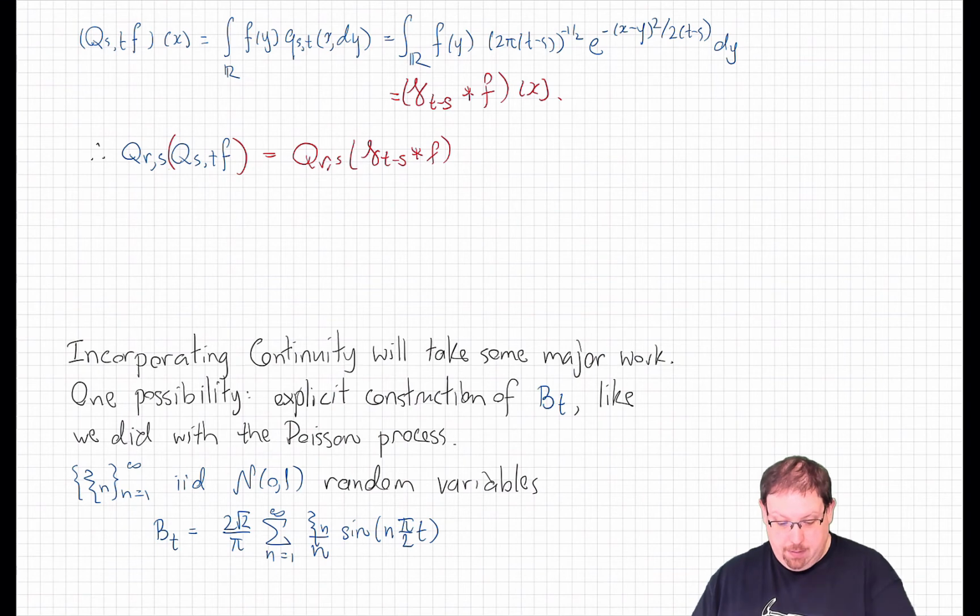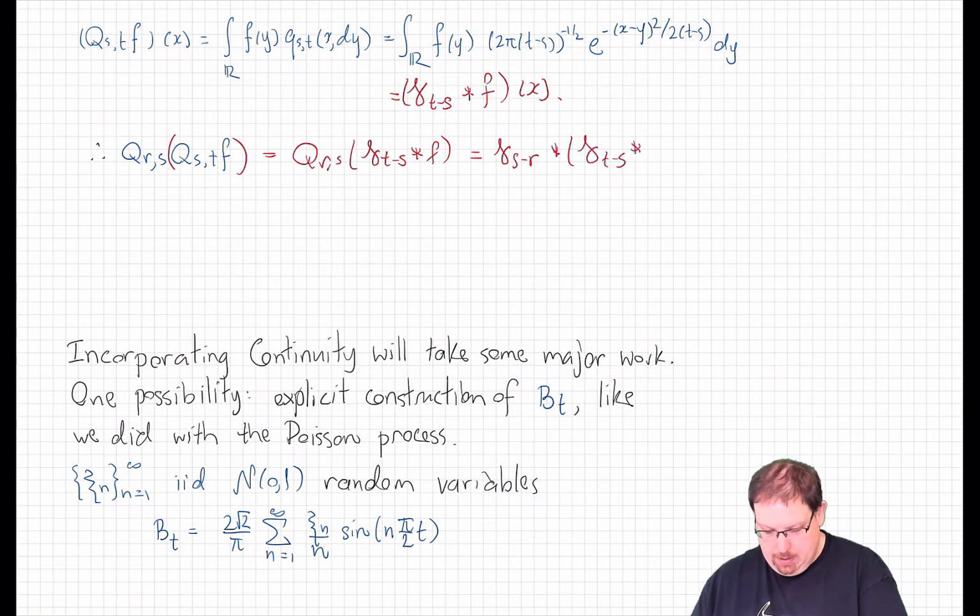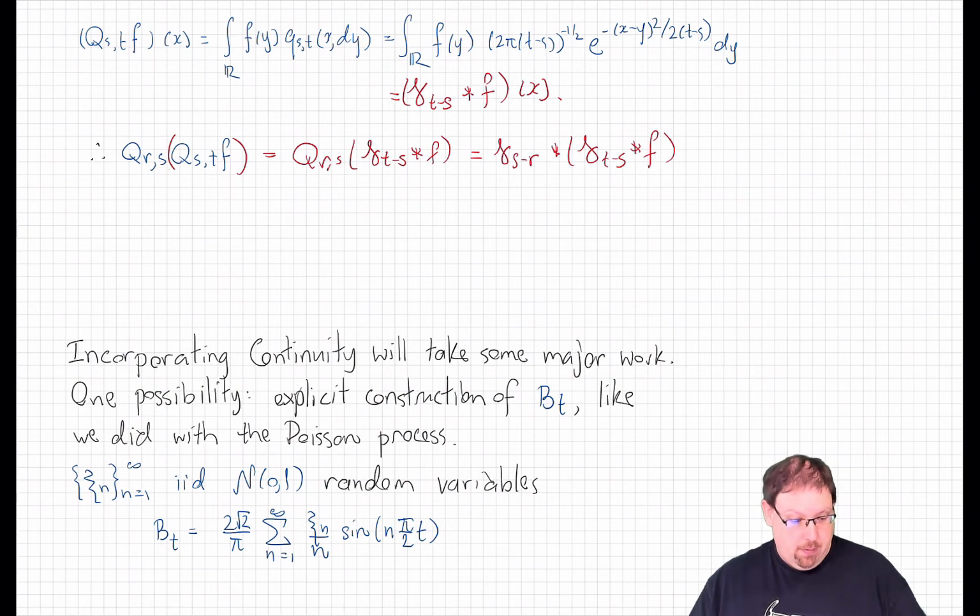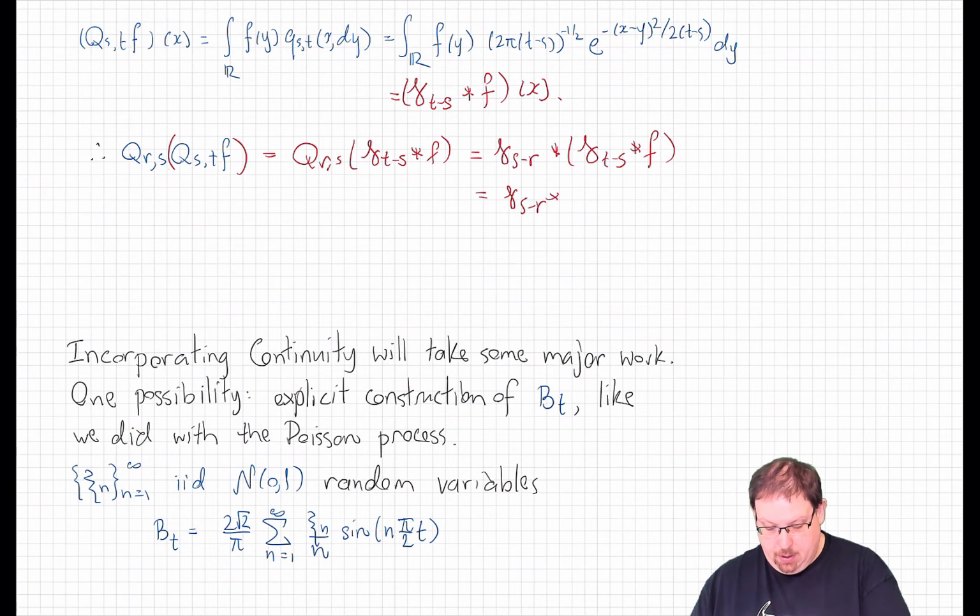And we again get from what we've written above, this is gamma of s minus r convolved with that, gamma of t minus s convolved with f. Now we know that convolution is an associative operation, so we can move the brackets over. This is gamma s minus r convolved with gamma t minus s convolved with f.